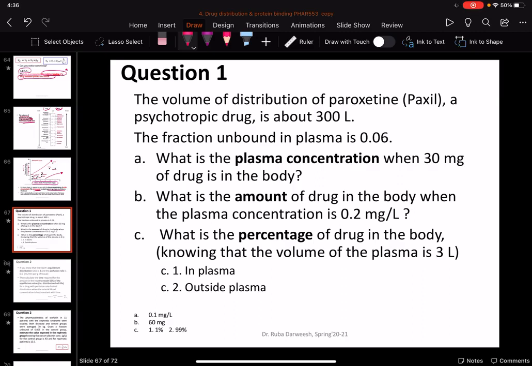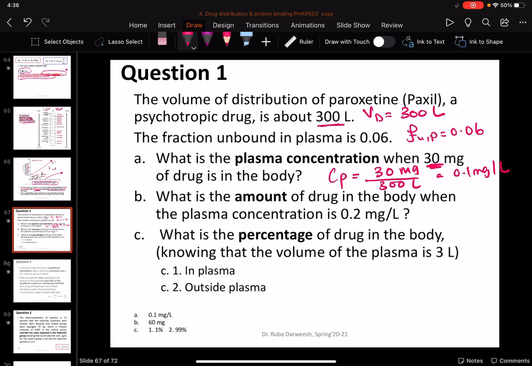And again, it's an easy question calculation-wise, but let's go. A volume of distribution for a drug is 300 liters. The fraction unbound in the plasma equals 0.06. And what is the plasma concentration when there are 30 milligrams of the drug in the body? If we have 30 milligrams with a total of 300 liters, then this would be 0.1 milligram per liter.